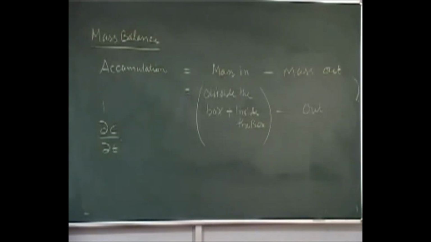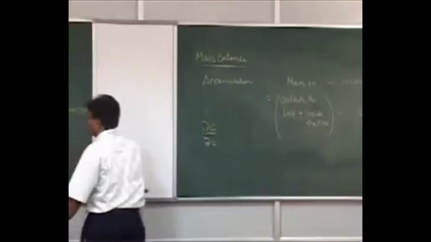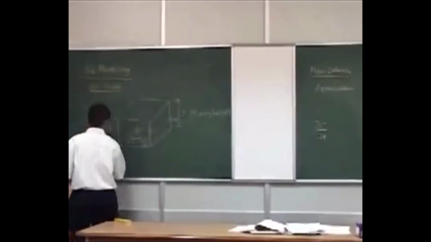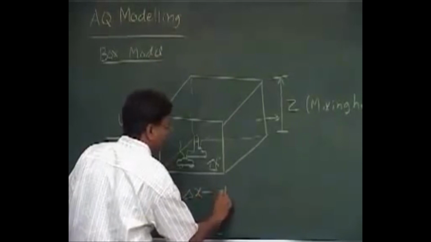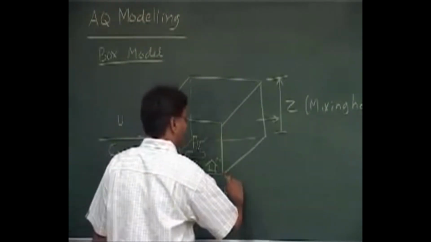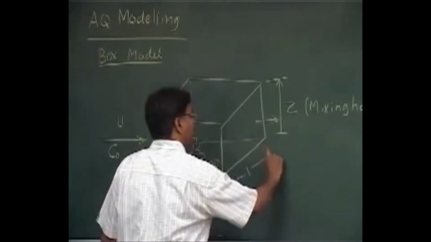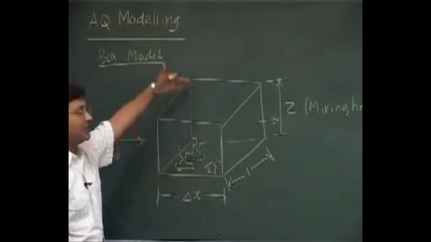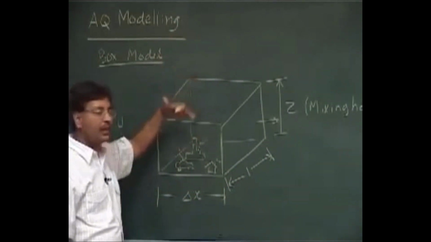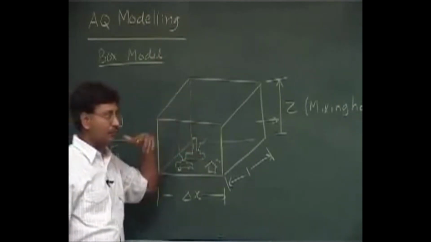If this is the box, I can take the volume of the box, and I am calling the length of the box delta x. I am taking 1 unit in the y direction, because it will be the same no matter how many boxes there are, if the source is the same.